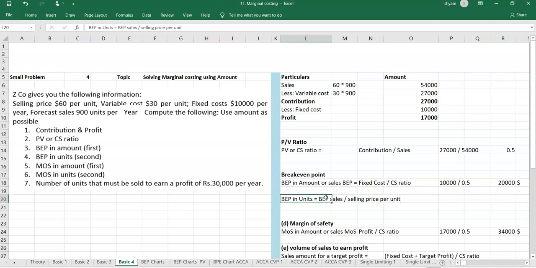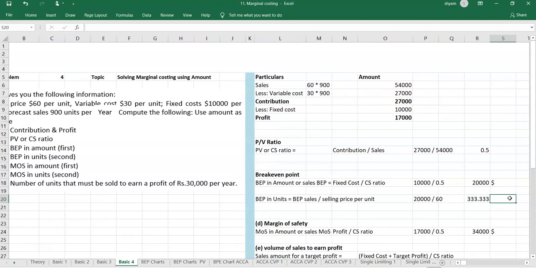Let's use it in that manner. So 20,000 divided by the selling price per unit, which is 60. So we will break even at this number of units. So that also we have done.